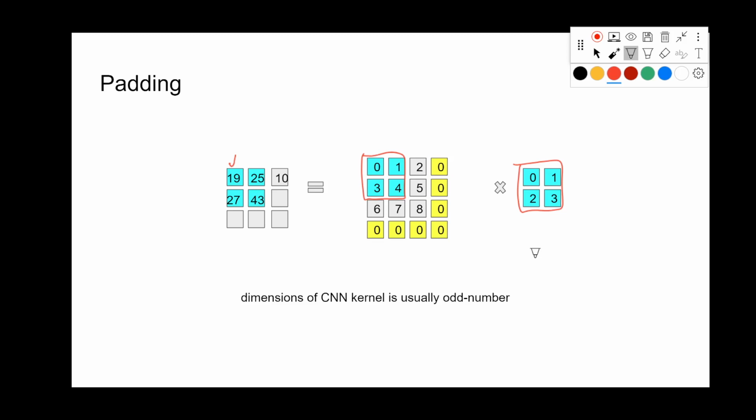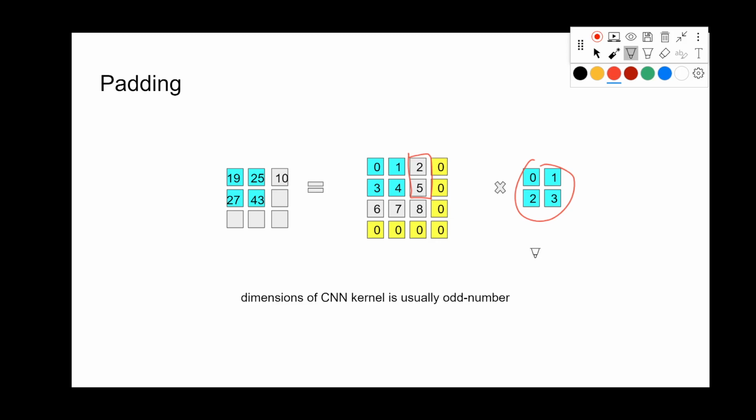Then we move it to the right, so that we multiply this block by this block and produce the 25 here. Then we move it to the right again, and it becomes this one here. Since we only have one column instead of two, it's impossible to multiply these two. So there are two choices here.